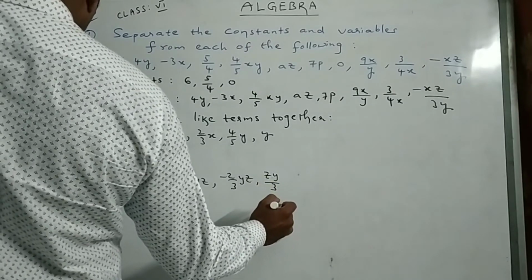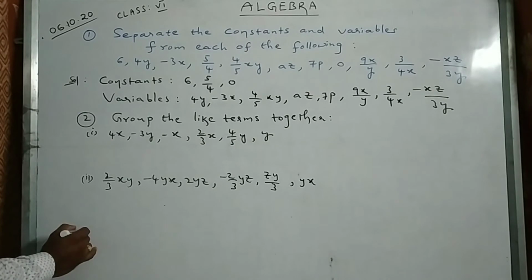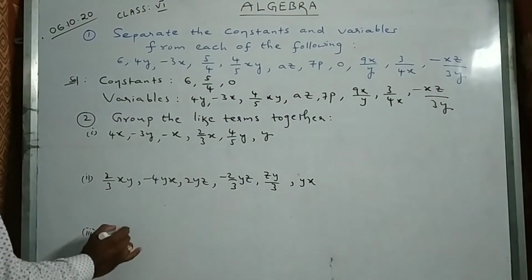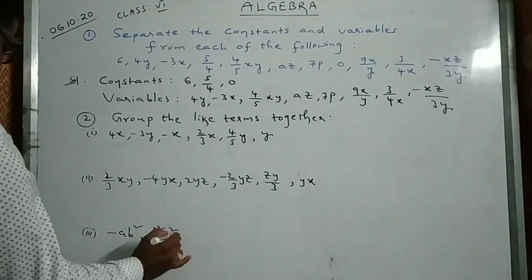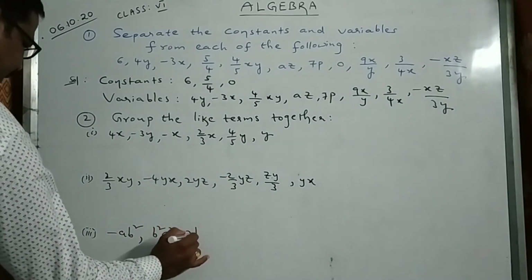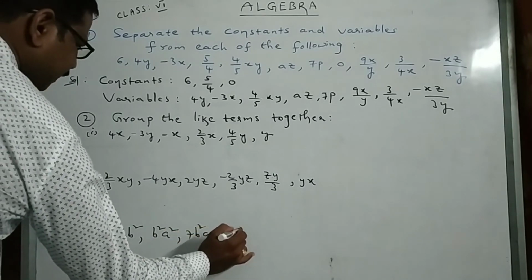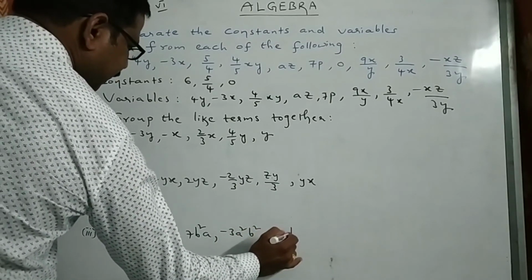Zy by 3, yx. Minus ab square, b square a square, 7b square a, minus 3a square b square and 2ab square.